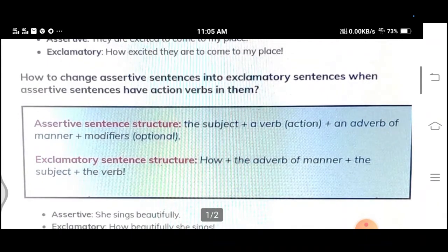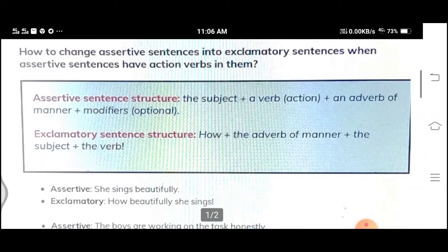So students, you have to understand the basic fundamentals at the time of changing assertive sentence into exclamatory. Assertive sentence structure, if we talk about it: the subject plus a verb, that word does the action, plus adverb of manner plus modifier optional.